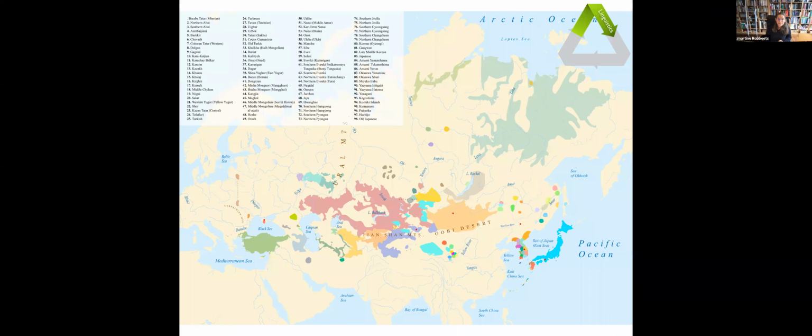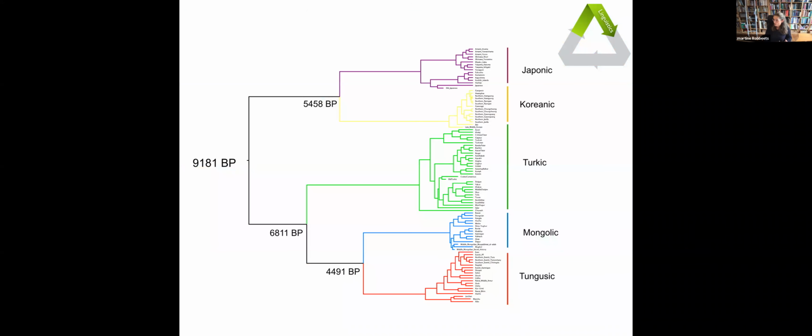In the linguistic part of our project, we have collected a big database for 98 Trans-Eurasian languages, including present-day varieties and older varieties. And we collected basic vocabulary as well as agro-pastoral vocabulary. We applied Bayesian phylogenetic methods to our data set, and this resulted in this dated tree.